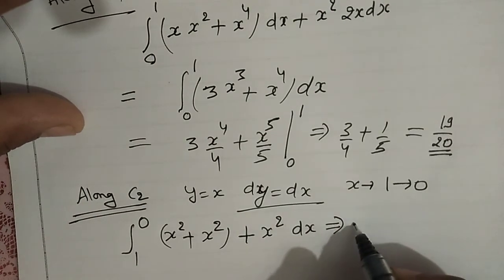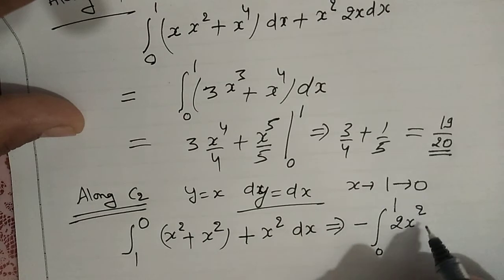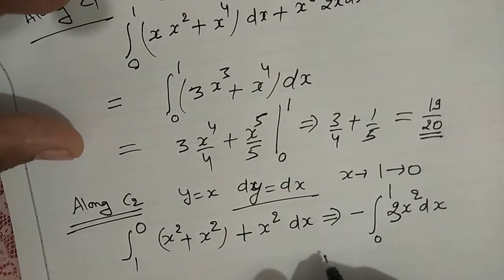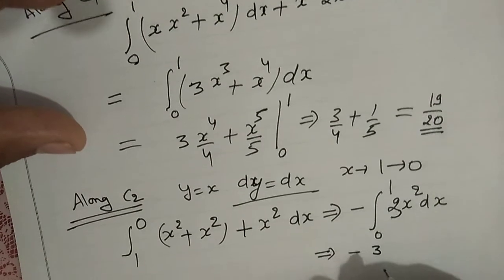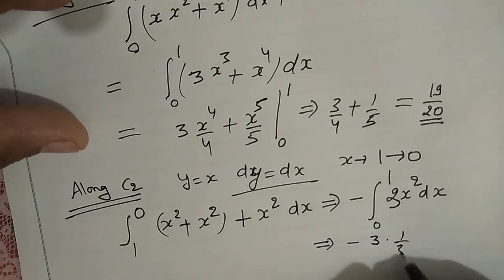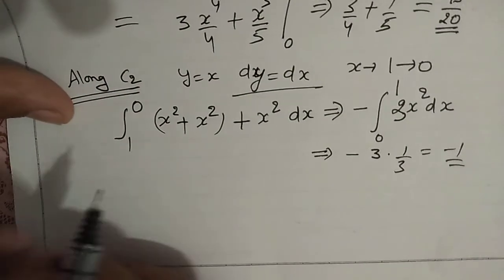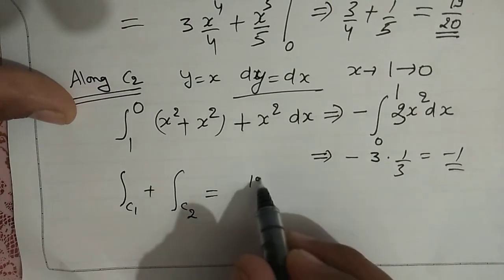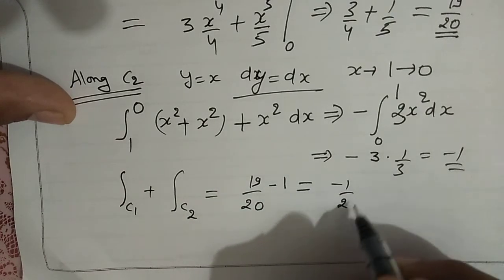So this will be minus integral 0 to 1 of 3x square dx. If you integrate, we get minus 3 times 1 by 3, so minus 1. Finally the line integral is the integral along C1 plus the integral along C2. So we have 19 by 20 minus 1, so we get the answer minus 1 by 20.